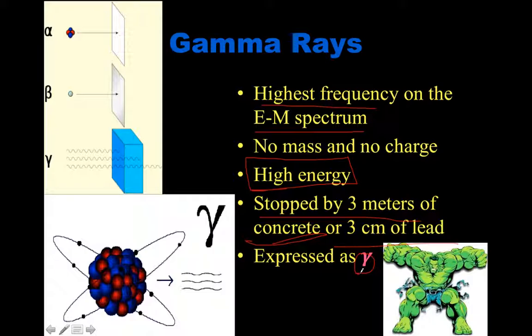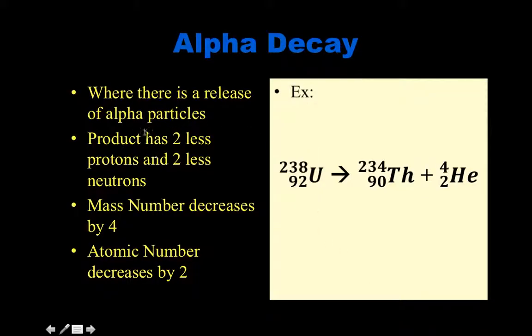All right, now we're going to go through different examples of these decays. The first one is alpha decay, where you release, as part of the example, your alpha particle right over here. Remember, your mass is 4, and your atomic number or your protons are 2.